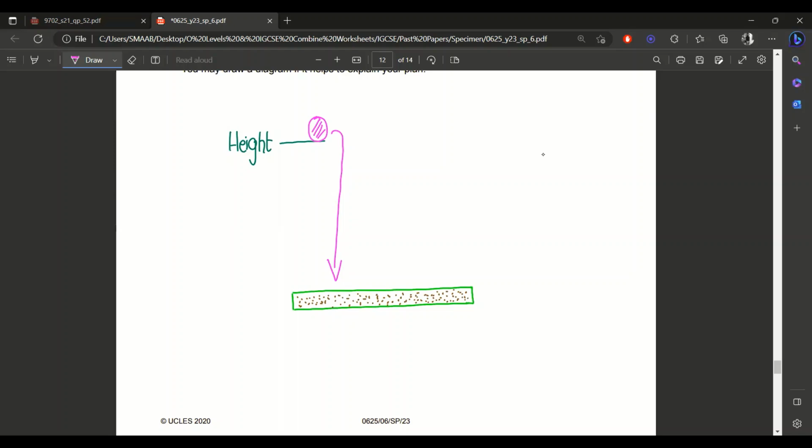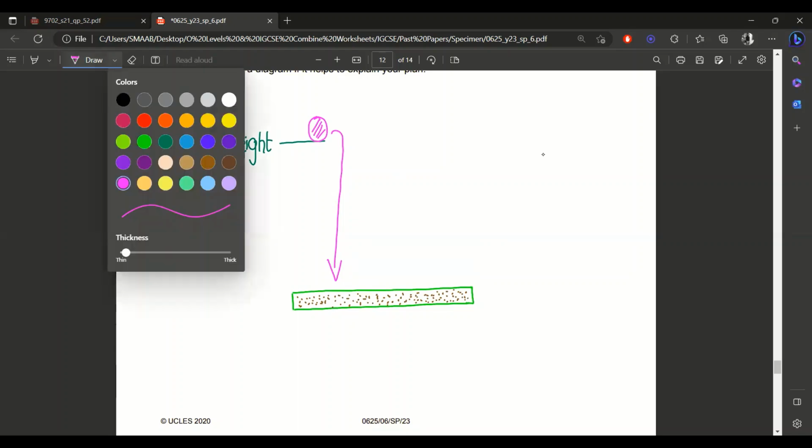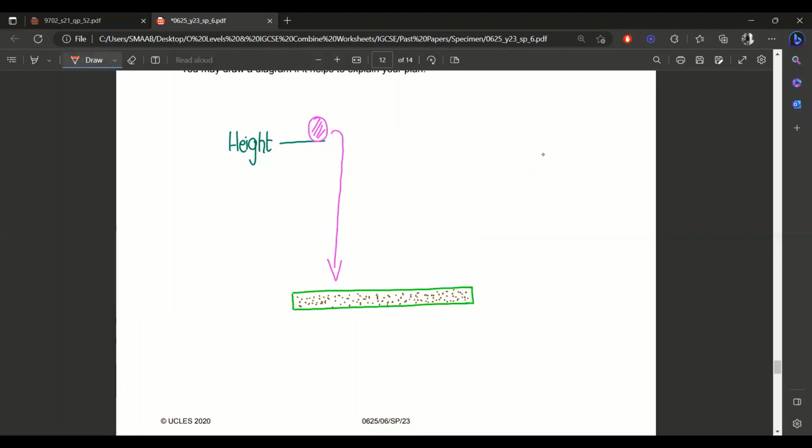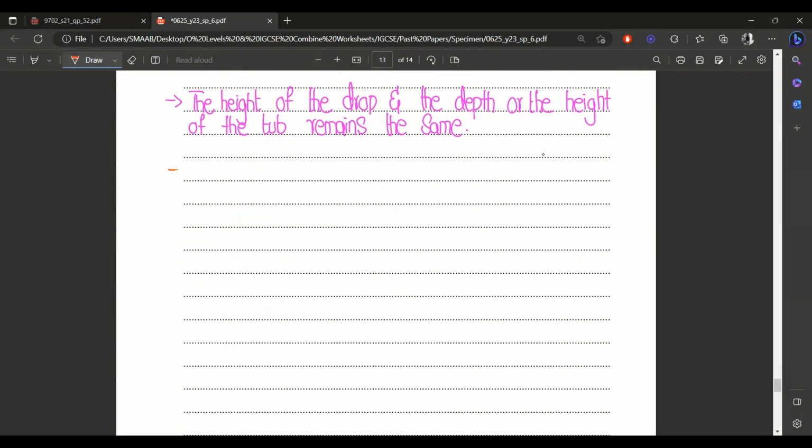Yes, so we have to use a ruler over here to measure the height. And according to our experiment, we need one more thing.